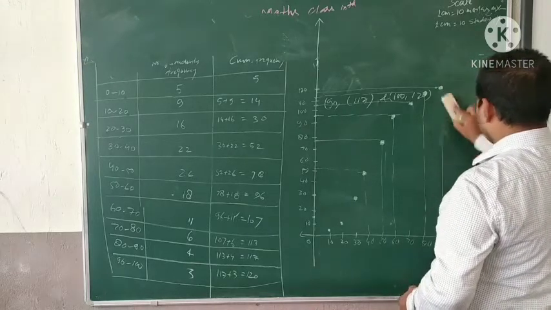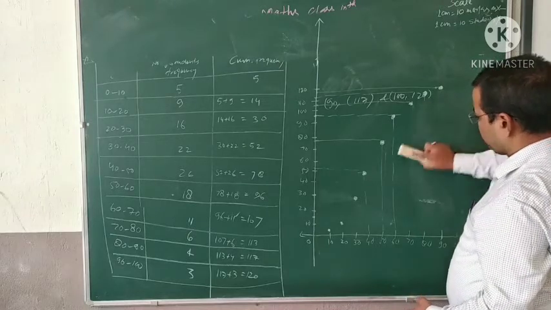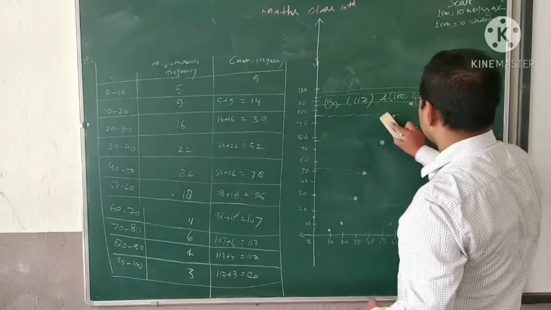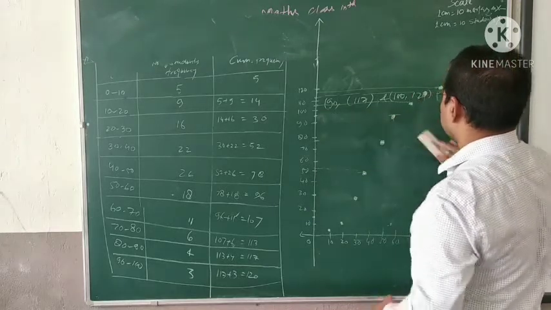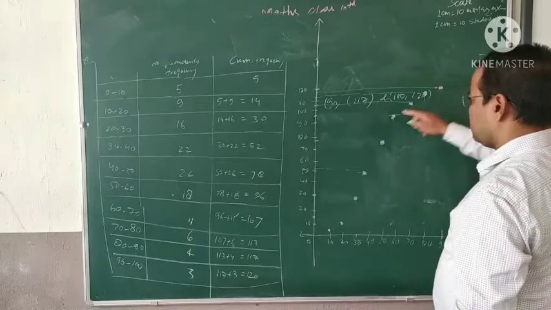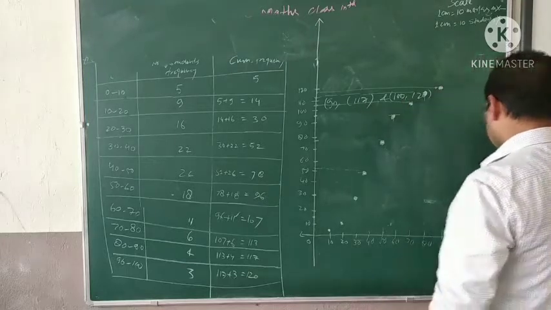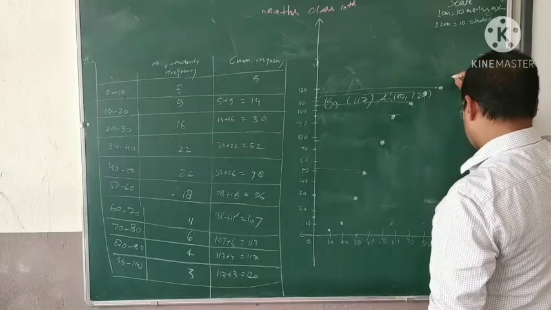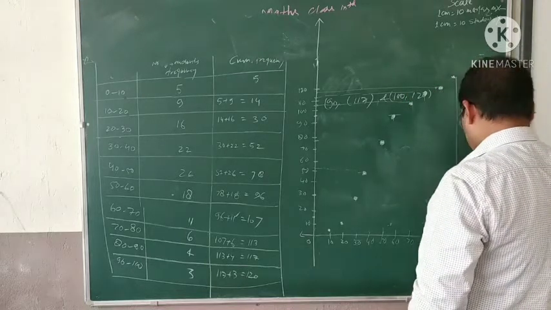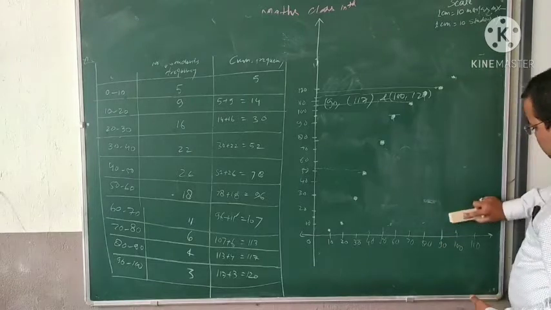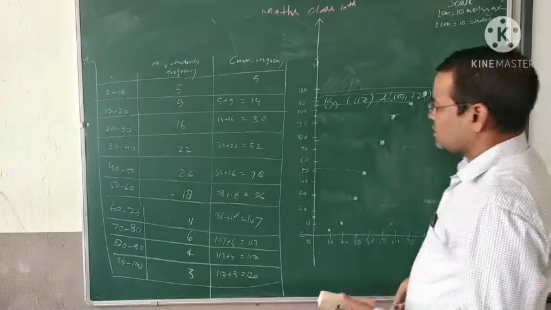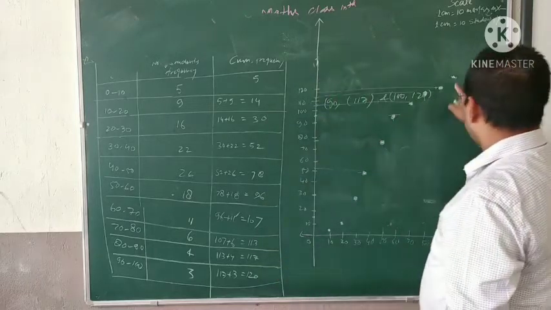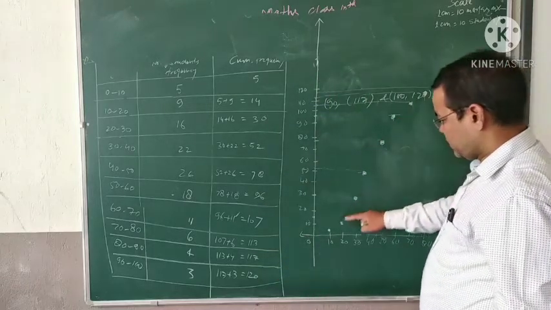No need to mention these lines. After that 100 and 120, near about this. So how many points? 1, 2, 3, 4, 5, 6, 7, 8, 9, 10.